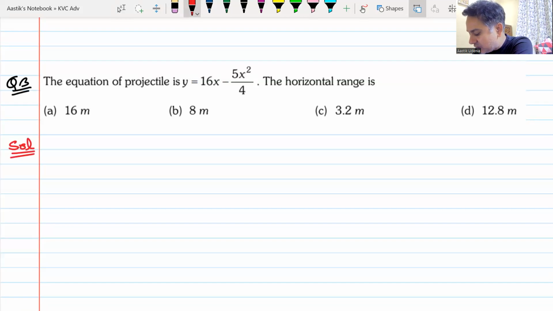There are many ways to solve this. But remember, we'll have to look for the quickest and the fastest way. Which is the quickest and the fastest way? Obviously, the equation of trajectory is given, so we'll have to look for the quickest way to get this question done. The fifth formula, the last formula.